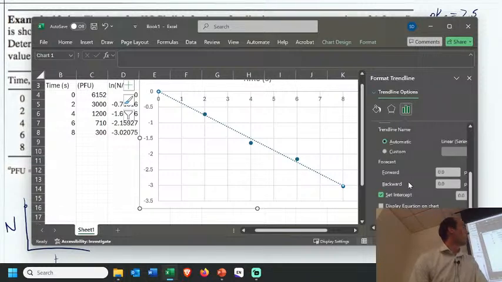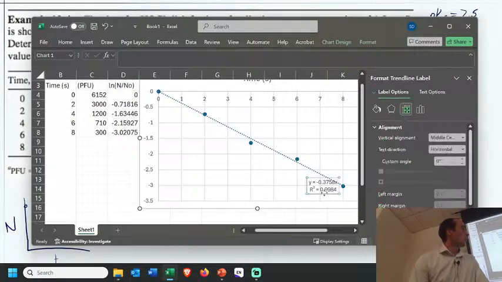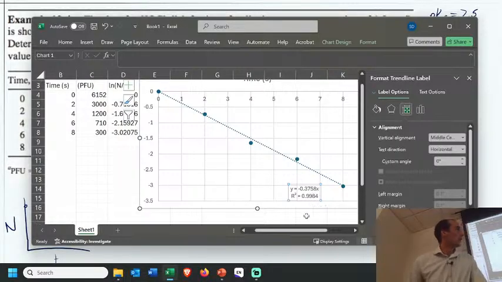All right, and then I also want to display the data here. Okay, so in our regression here, we have an r squared of 0.998, pretty good. And we have a slope value there that we can use as our slope for the kinetic parameter.